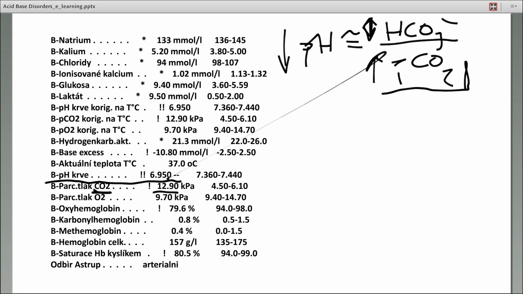So bicarbonate should go down as a compensation so that the pH normalizes here. So we look for bicarbonate, which is a bit low, but not very much. So the compensation is not pretty good, and you may see quite well why.